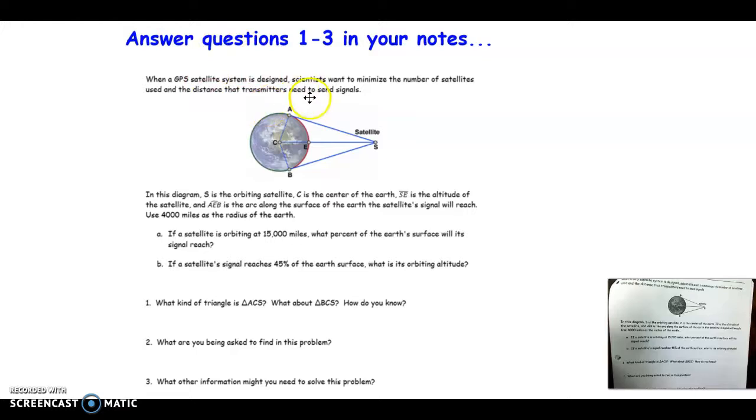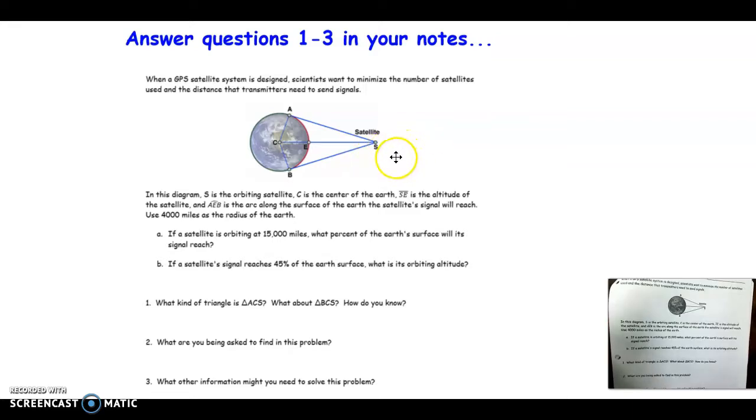It tells us that when a GPS satellite system is designed, the scientists want to minimize the number of satellites they use and the distance that the transmitters need to send the signals. So they want to cover the maximum amount of area on the Earth with as few satellites as possible.